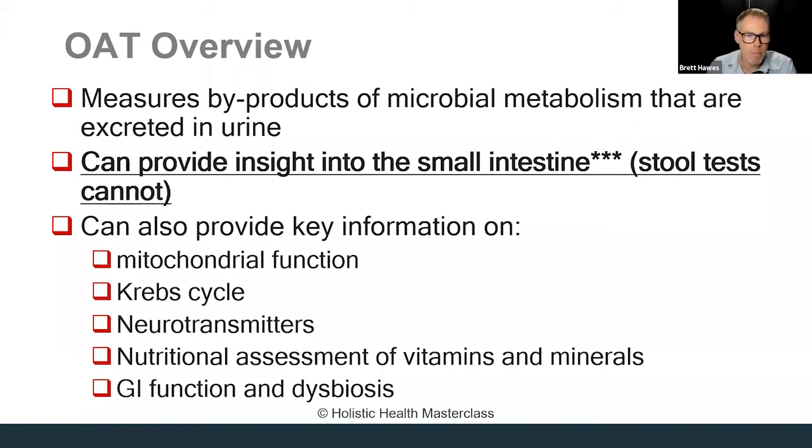This is very, very powerful information because, you know, how many people run a stool test and they go, oh, well, you show all the signs and symptoms of Candida, for example, but the test says you're negative, and you never, ever embark on that Candida protocol ever. Right? So having both of these things in front of you, it's a total game changer. This can also provide key information on mitochondrial function, Krebs cycle, neurotransmitters, certain vitamins, not really minerals, right?